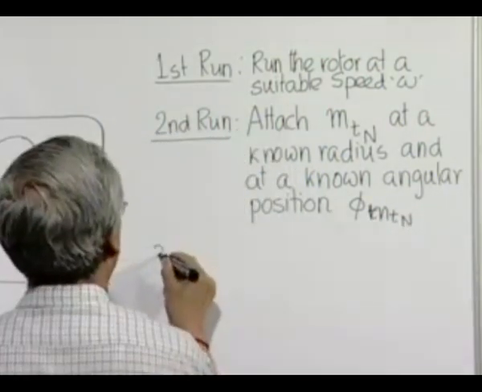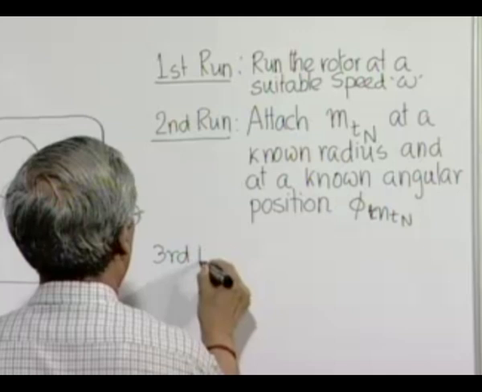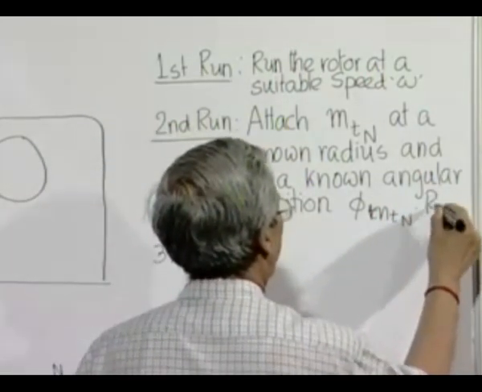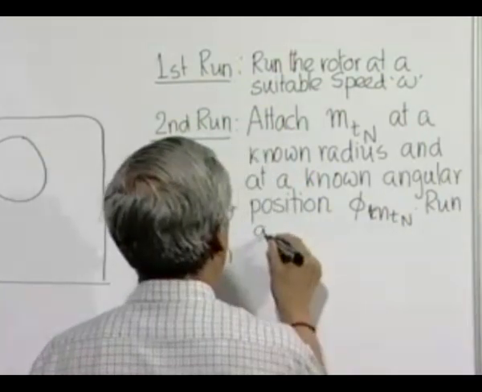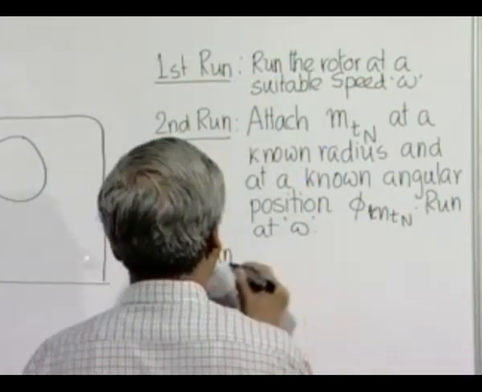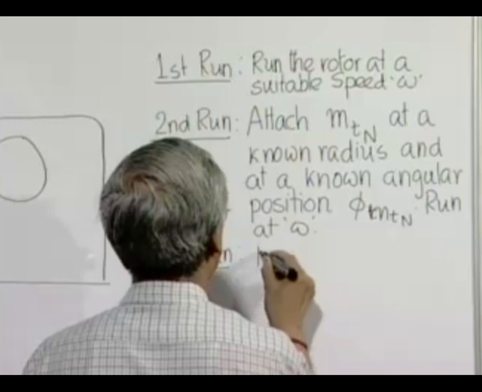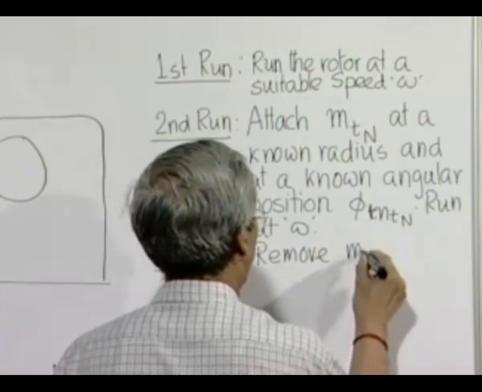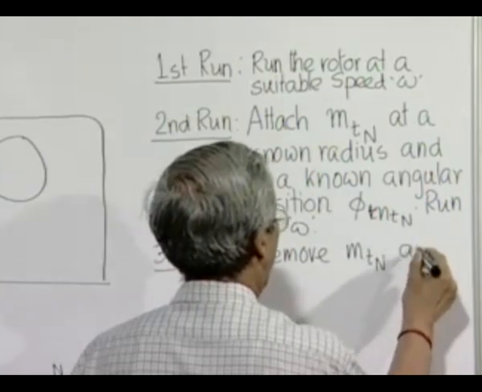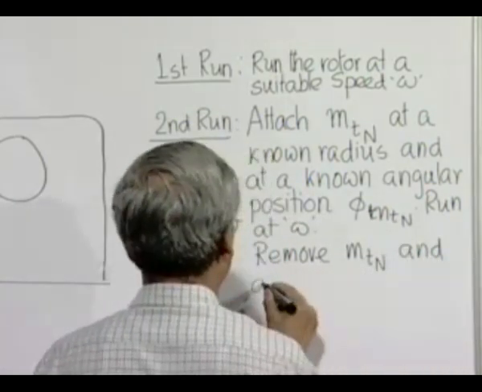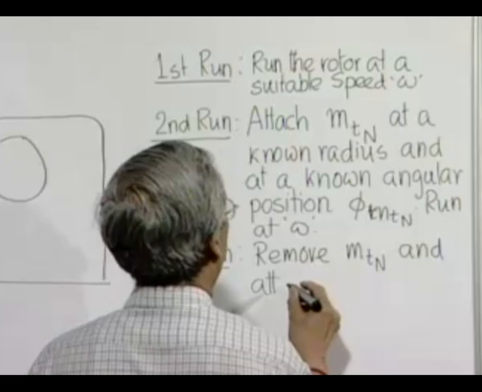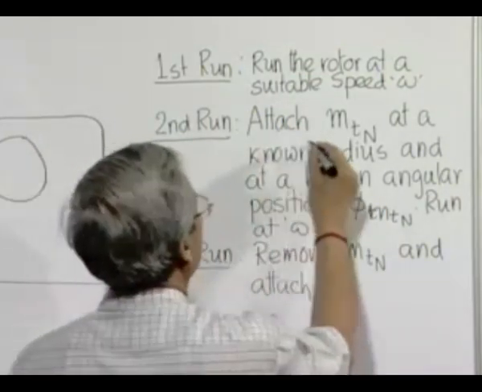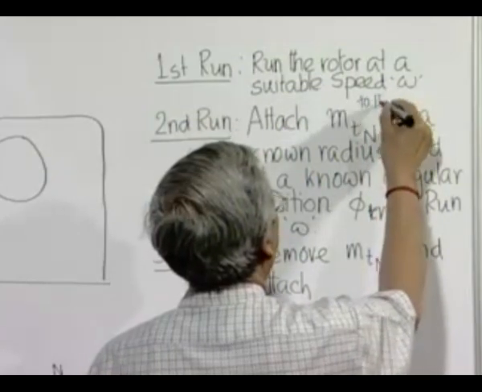Then the third run at omega. The third run is: remove MTN and attach, I have not mentioned it because space is not there, attach MTN to the near end.